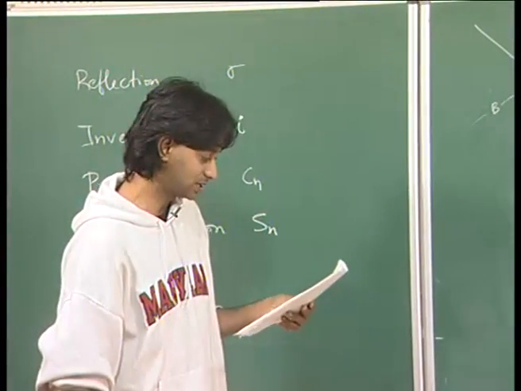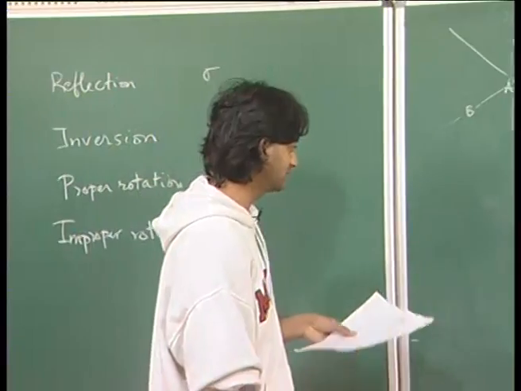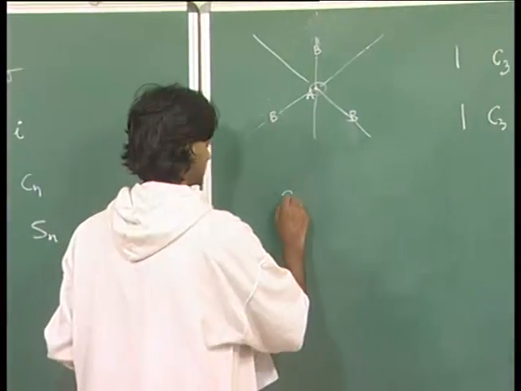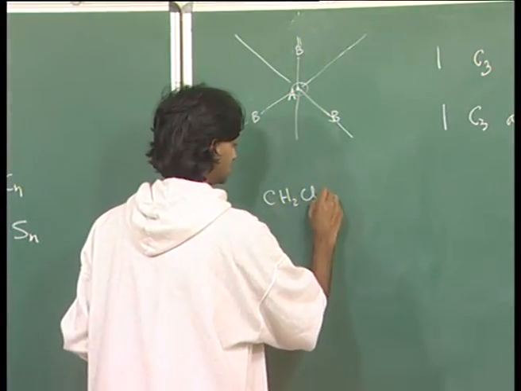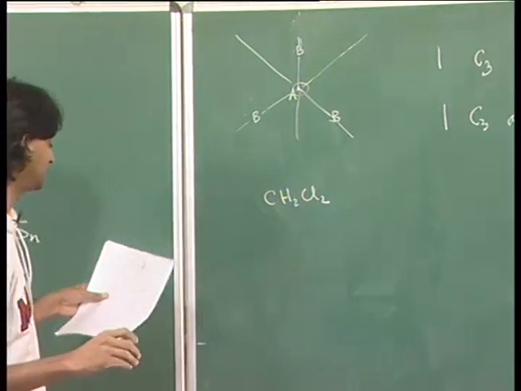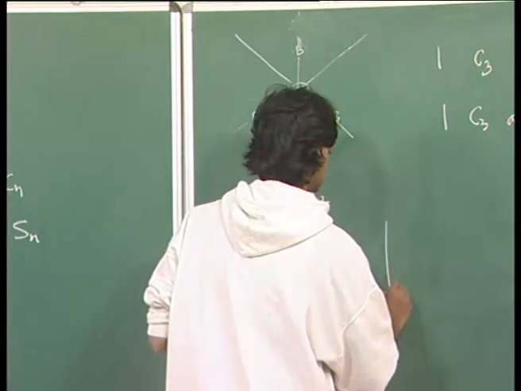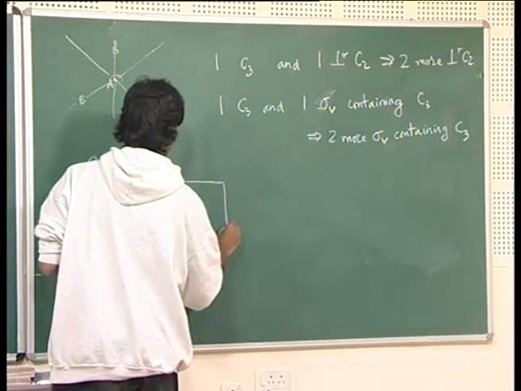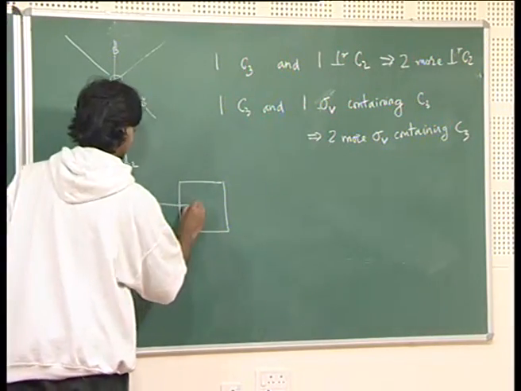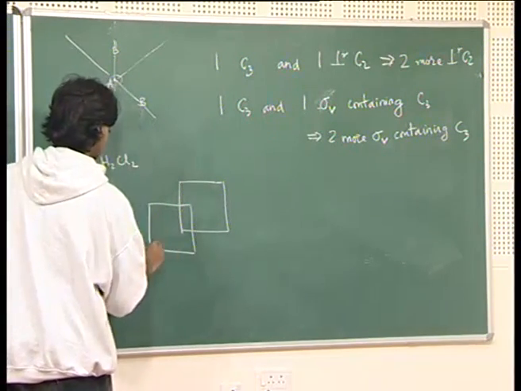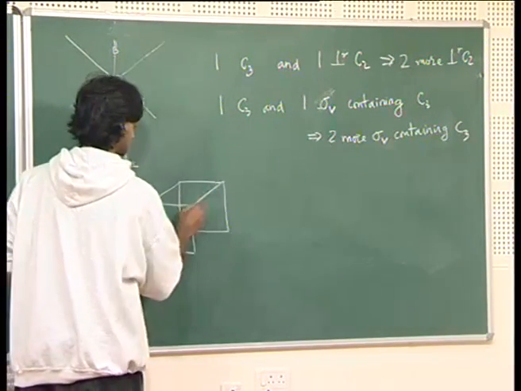Okay, so let us take the example of CH2Cl2, and let's try to see how many proper rotations it has. I'll again use our representation in terms of the cube.